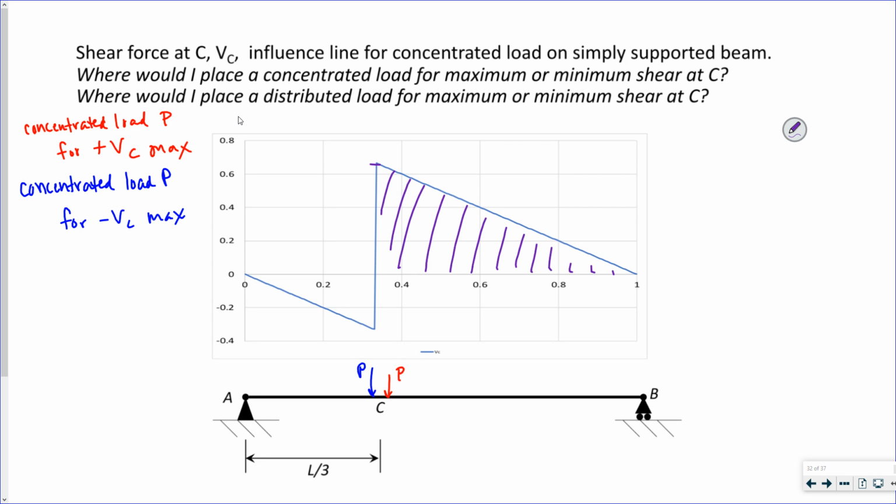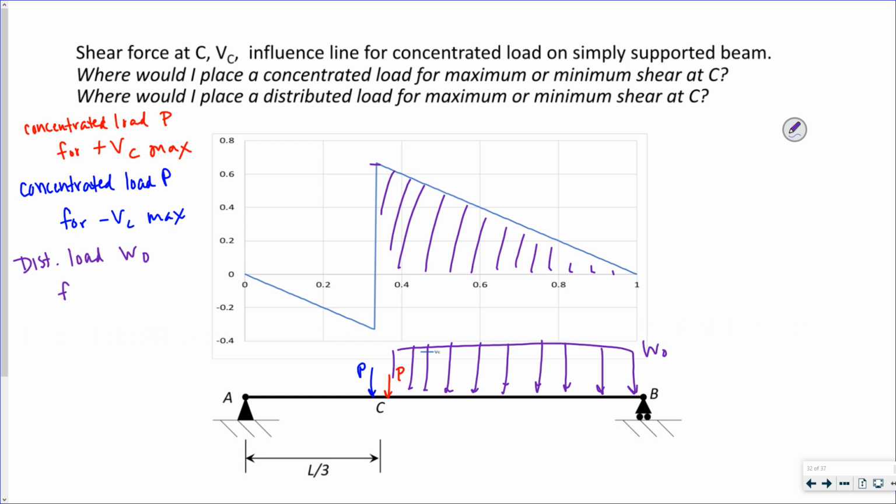Times the length, which is 2/3. Where would I put a distributed load for minimum?